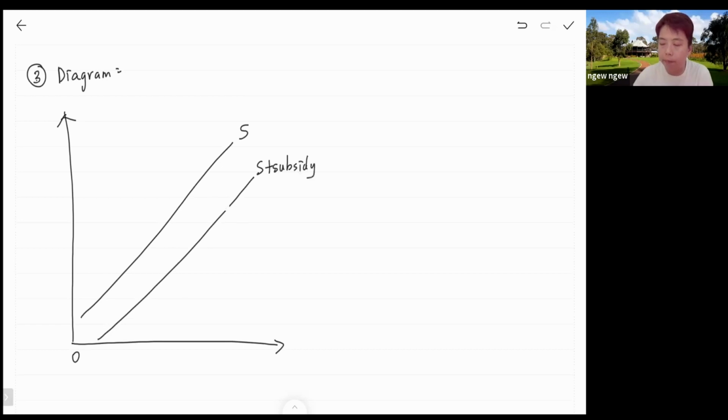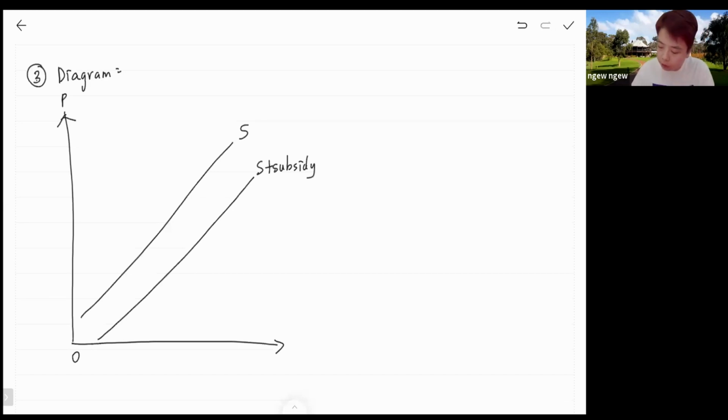In our exam, usually we will use subsidy per unit, which means the two supply curves are parallel to each other, unless you are dealing with a data response question, when the question mentions how many percent of price, then you might need to change it to diverge. So be careful.